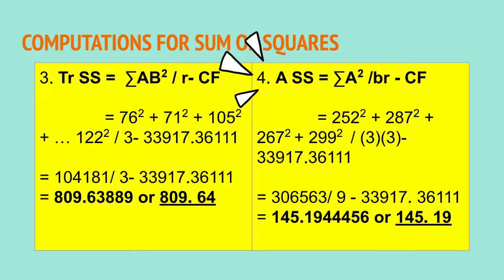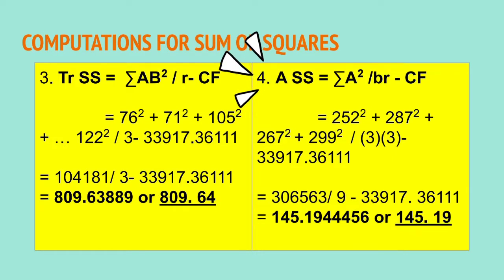So in number 4, the formula is ASS is equal to the summation of A squared divided by BR minus CF, equals 252 squared plus 287 squared plus 267 squared plus 299 squared divided by 3 times 3 minus 33917.36111.